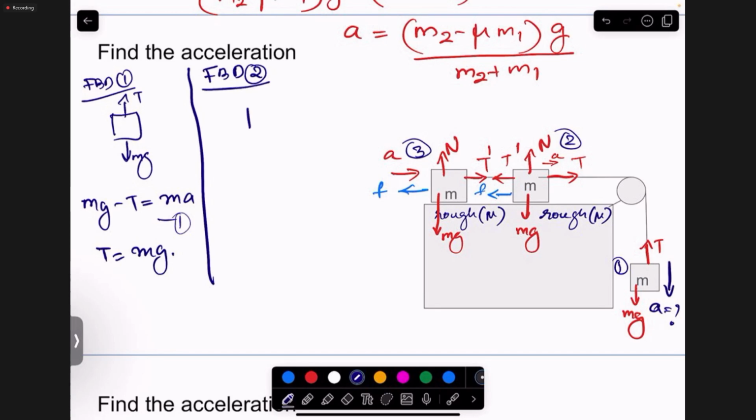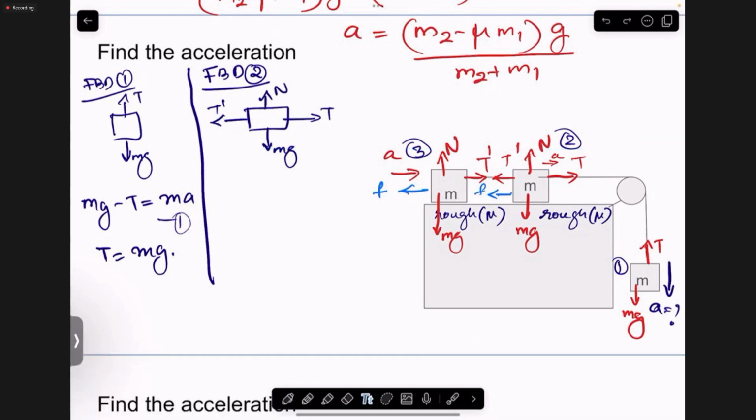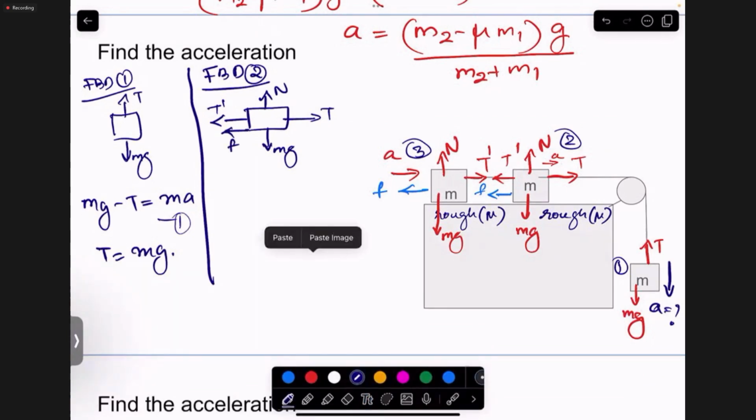Now FBD2 is like this. T is here, T dash is here, mg is here, N is here, and friction is here. So friction is what?